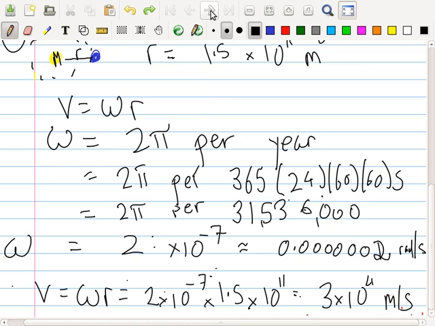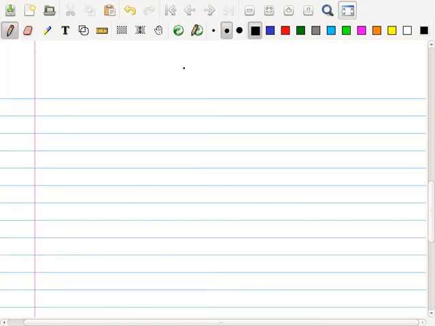Now we want to calculate the time it takes to do one full loop. Did I give you the formula to calculate time? Here's a new formula for you. The period, the time to do one loop, equals 2 pi over omega.